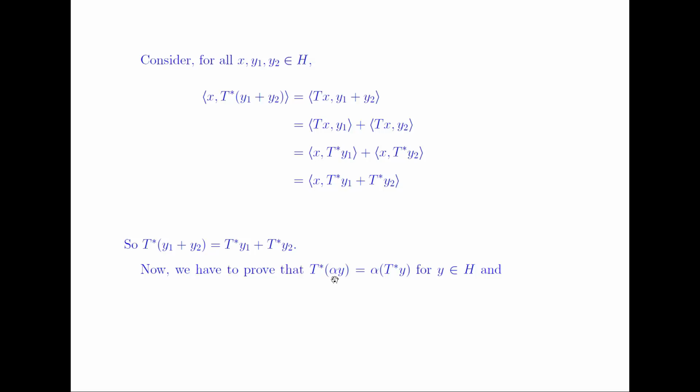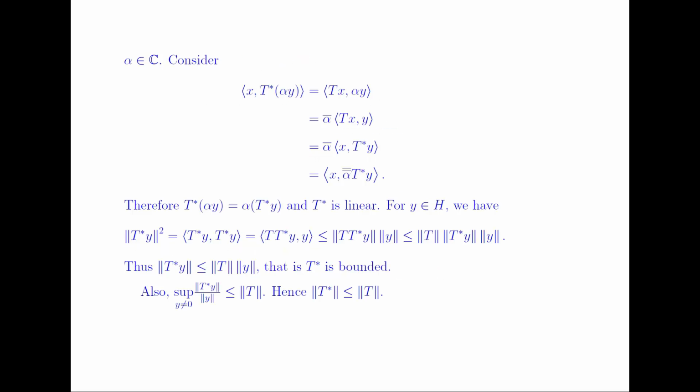So now we have to prove that T star of alpha y is equal to alpha times T star of y, for y belonging to H and alpha a scalar. So consider the inner product of x comma T star of alpha y, which is equal to Tx comma alpha y. And using this, because we know that the inner product is linear, conjugate linear in the second argument, we have alpha bar times the inner product of Tx comma y, which is equal to alpha bar times the inner product of x comma T star y.